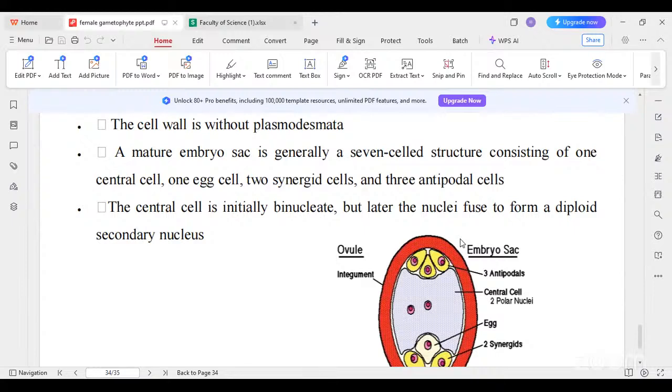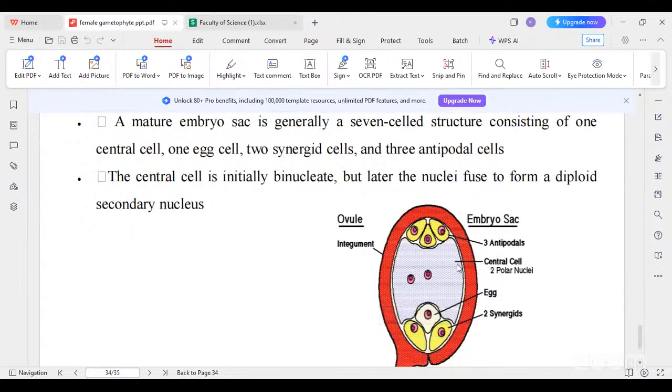A mature embryo sac is generally a 7-celled structure consisting of one central cell, one egg cell, 2 synergid cells and 3 antipodal cells.